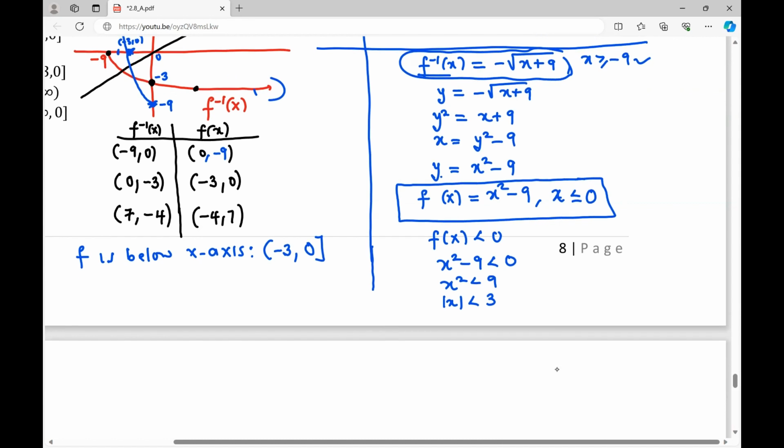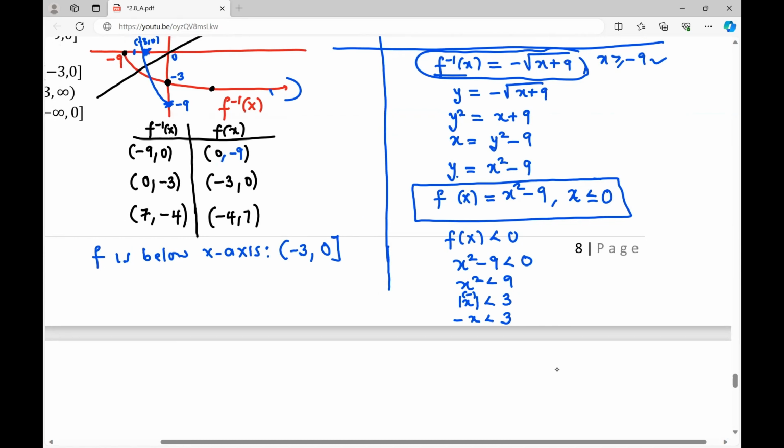But you see that x is less than or equal to 0. If x is less than or equal to 0, what is inside the absolute value is either negative or 0. So if I want to remove the absolute value, we can just say minus x is less than 3. What does that mean?